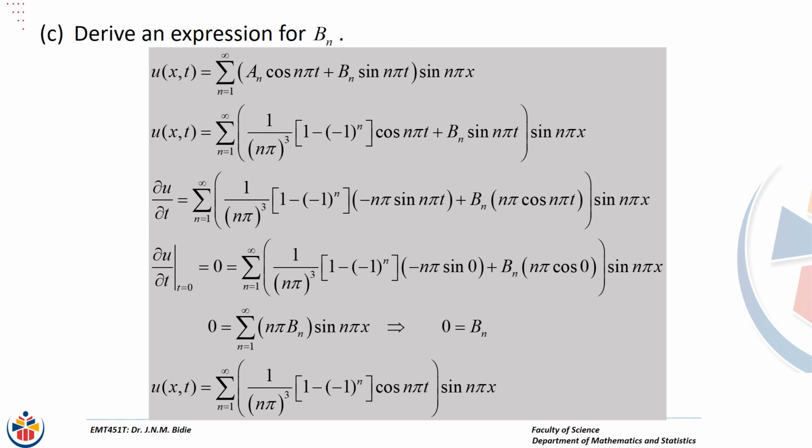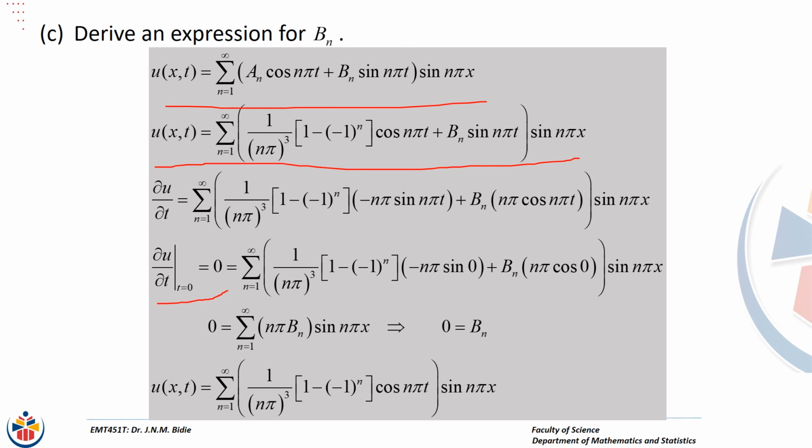C. Now it says we must derive an expression for Bn, which will be the last constant. So what did I do? Because we already have an answer for An, I substituted it. That's why we have that formula there. And then the last initial condition that we are left with is the one where we differentiate u with respect to t and substitute t equal to 0 and equate all of that to 0.